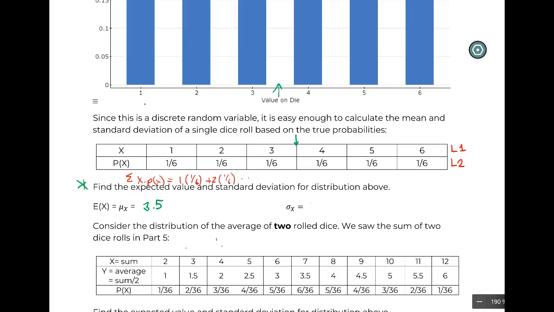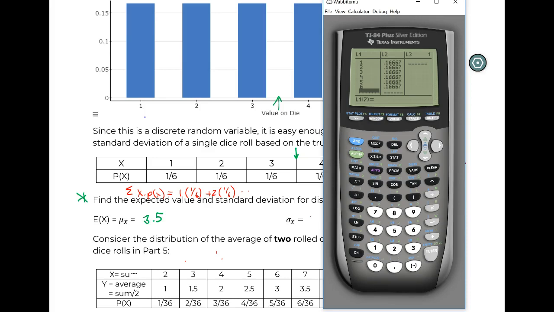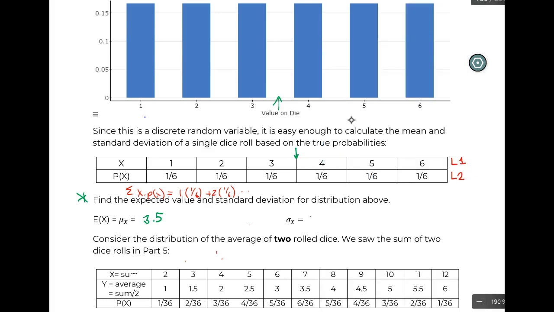But since we need standard deviation, the simplest thing would be to use L1 and L2. So I've gone ahead and done just that. All of my x's are in L1, all of my probabilities are in L2. Then I can do my 1-var stats using the values from L1 with the frequencies from L2. You can see the mean is 3.5 and our standard deviation is 1.7078.